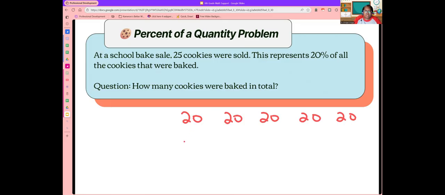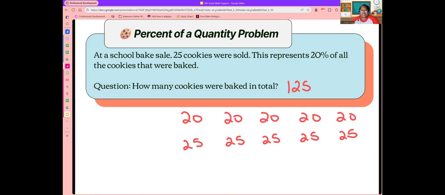So that means we could also add up 25 5 times, 25, 50, 75, 100, 125. So even there, we're able to check our math that we did with solving this equation. So we have 2 ways to make sure that we are getting the right answer.